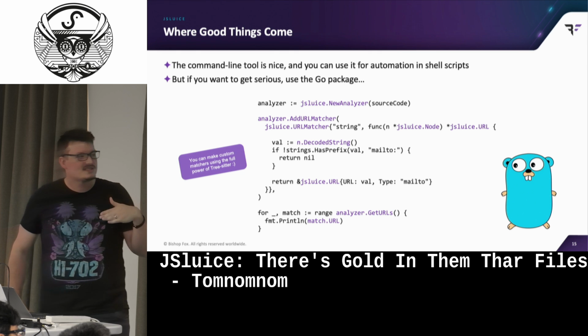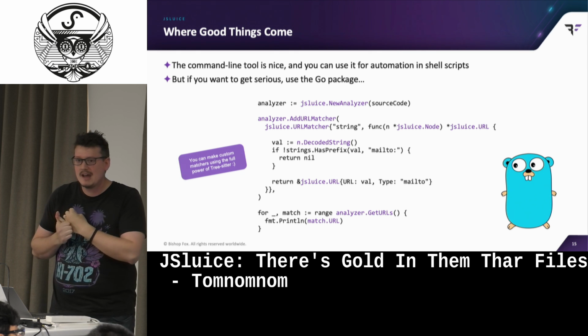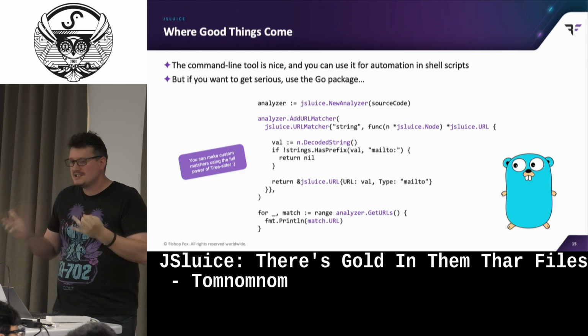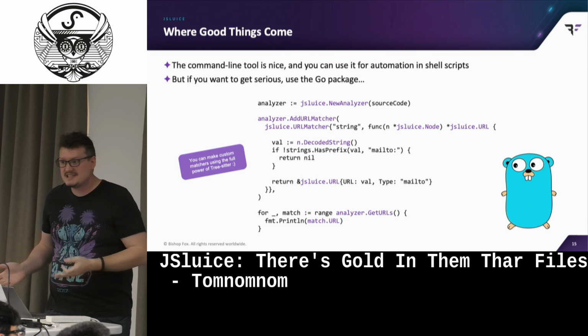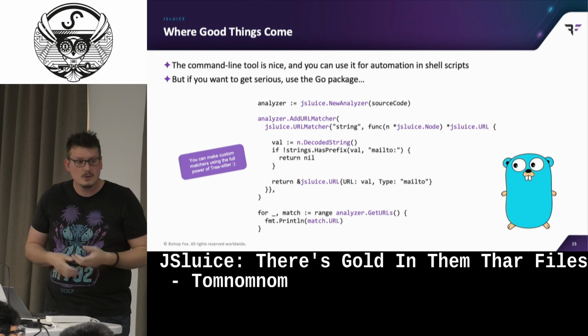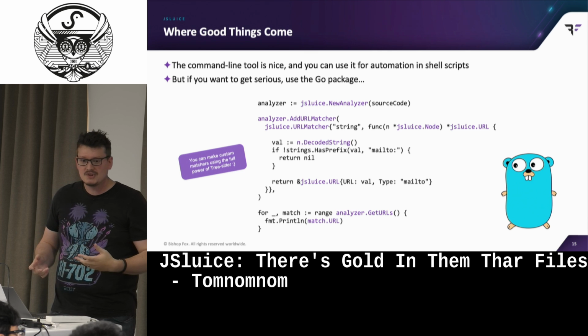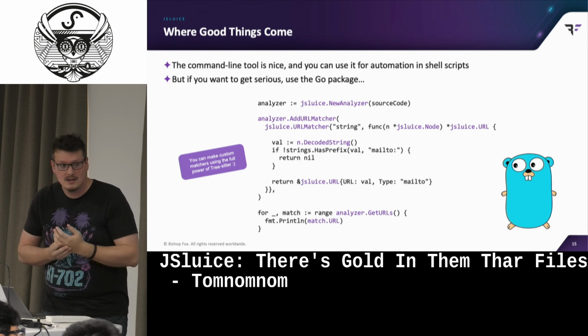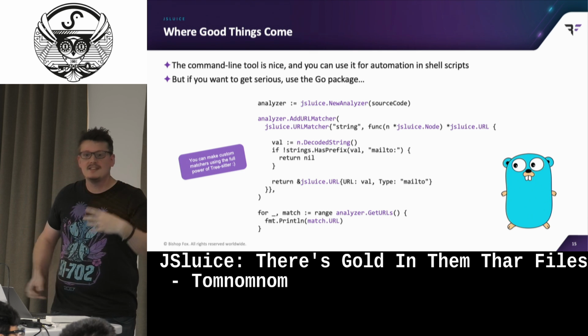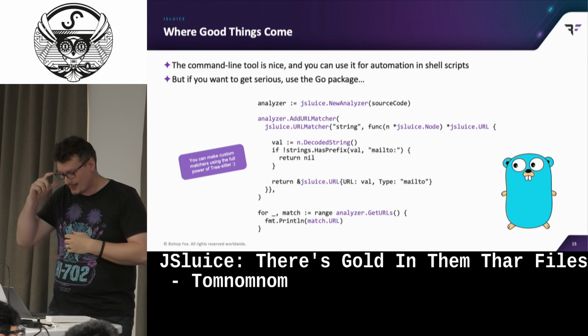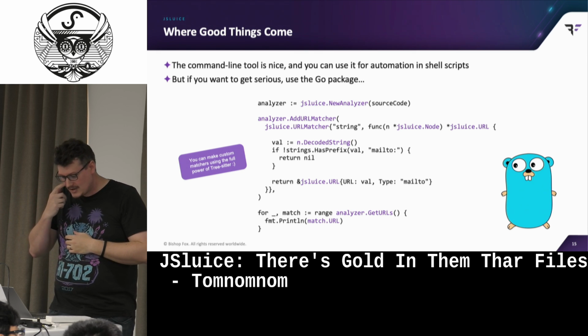If you use the Go package directly, you can write your own matches where you get exposed to the full syntax tree. You have the full power of tree sitter at your disposal. You can run your own queries. You can run queries on subsets of nodes, so you can sort of filter things in that way. So you can say, give me all the objects, and then query just those objects, for example. And you can do custom matches.